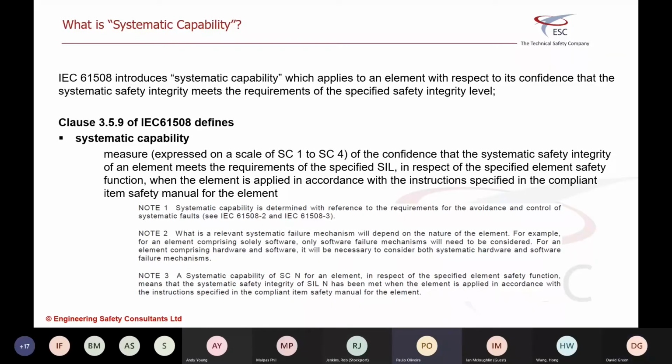It does that by looking at the measures that you put in place during specification, design, hazard analysis, installation and commissioning, validation, management, auditing, and functional safety assessments. All those things are measures to identify issues that could become systematic issues.